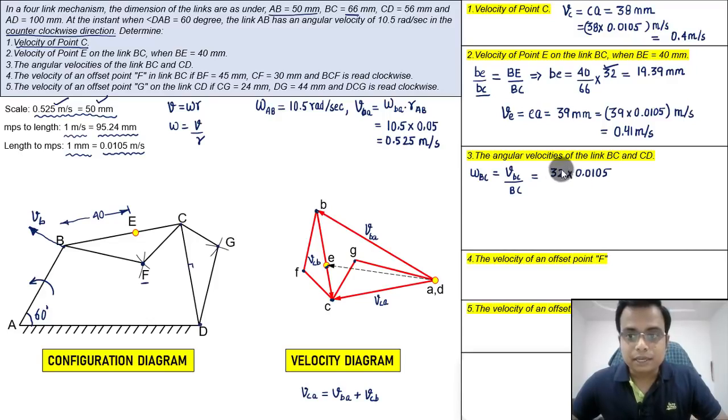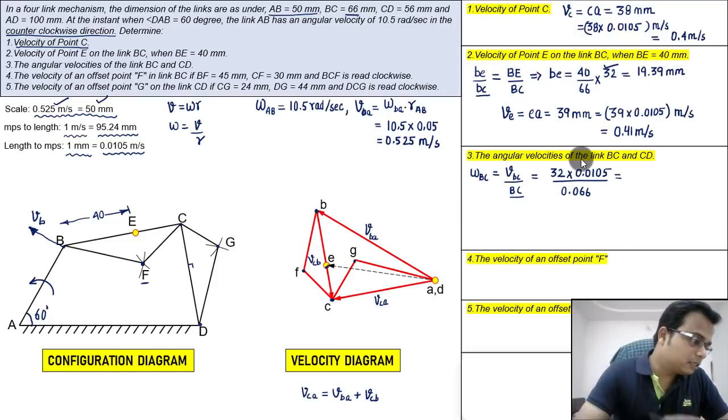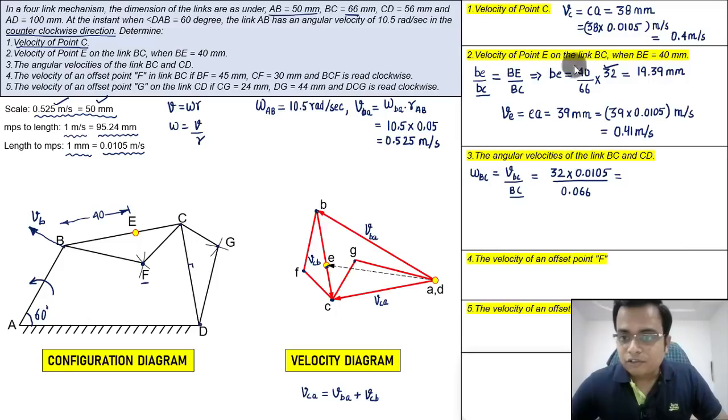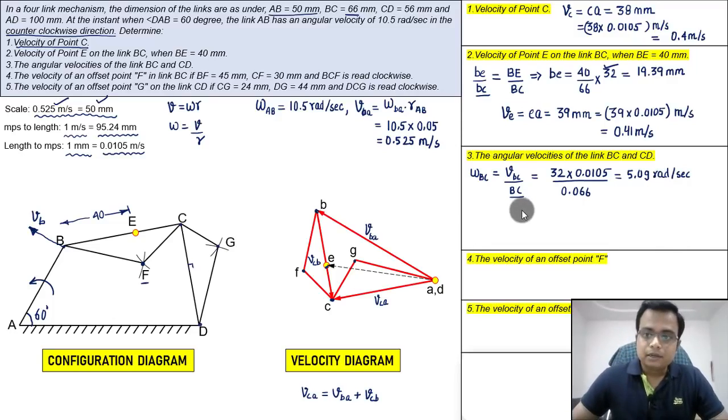Now it's converted into meters per second, and this BC is 66 millimeters. Convert that into meters, 0.066, and just do the math. This is going to work out as 5.09, and since this is angular velocity, you need to write radians per second, and that's it.